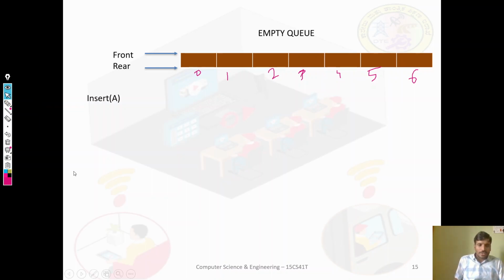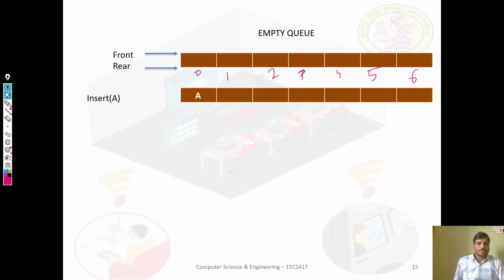So after inserting A, it will be inserted at the first position and at this point of time both front and rear are pointing to the same memory location. After this, what is the next operation?